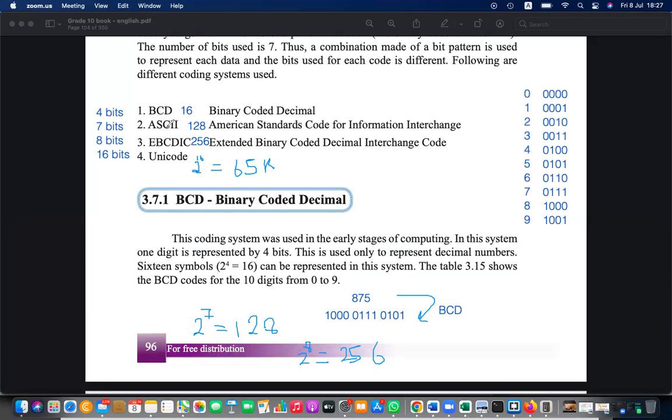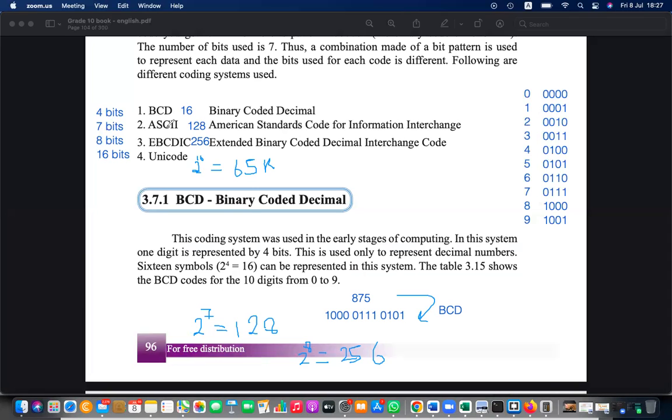Can BCD do that? No. It only has numbers, 16 symbols. Can ASCII do it? Yes, ASCII can.